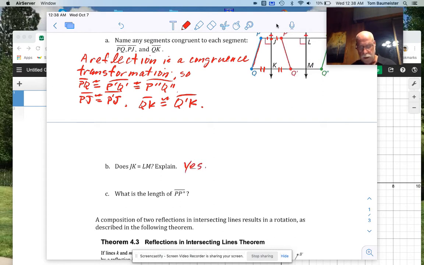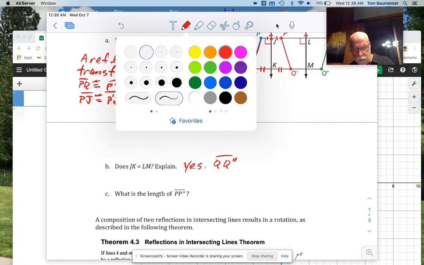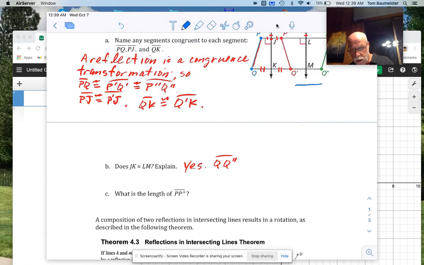All right? Because we know that Q double prime, so that's this whole line segment here, right? So that's Q double prime.